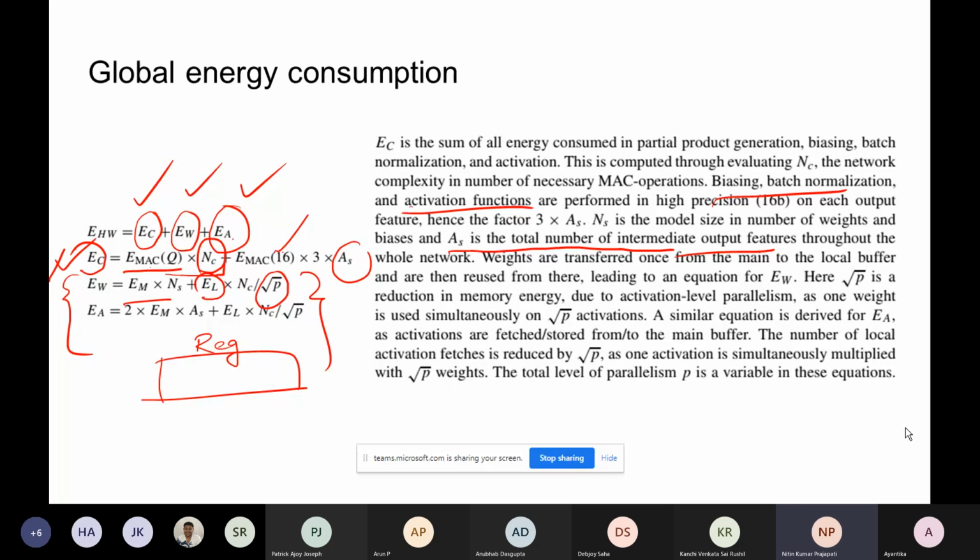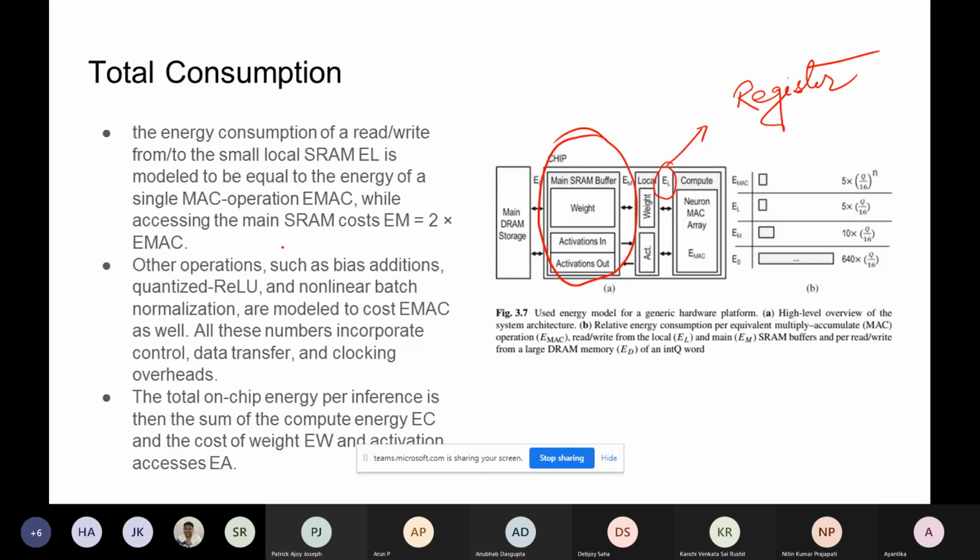Okay. So for the EL, what I was telling is that EL means this intermediate energy consumption. We are storing our related weights and activation inputs, outputs in this SRAM.